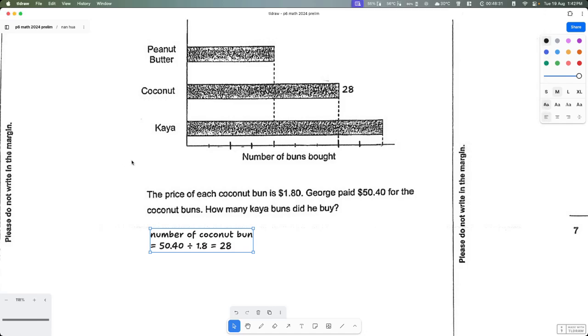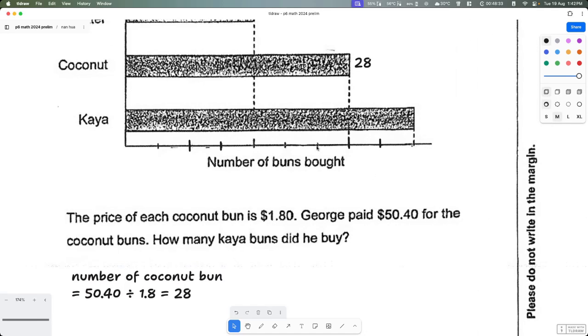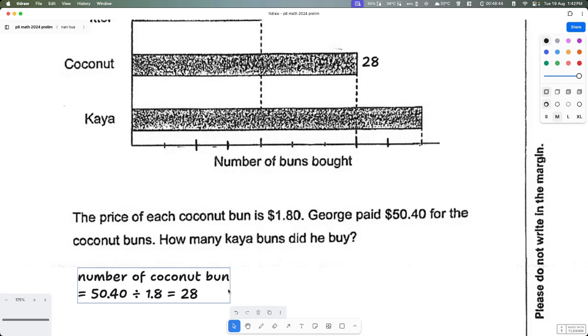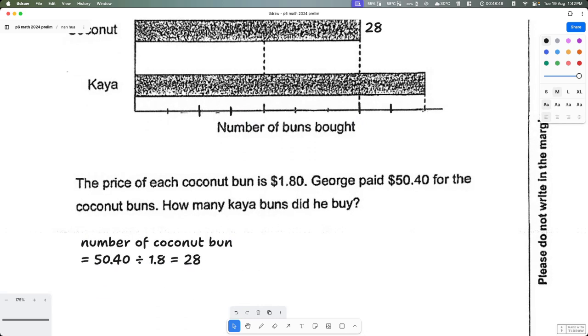I've drawn the lines here. We look at the coconut and we need to see what the gap is. We have 1, 2, 3, 4, 5, 6, 7, so there are 7 gaps. So 7 gaps is equal to 28. One gap is equal to 28 divided by 7, and this will give us 4.